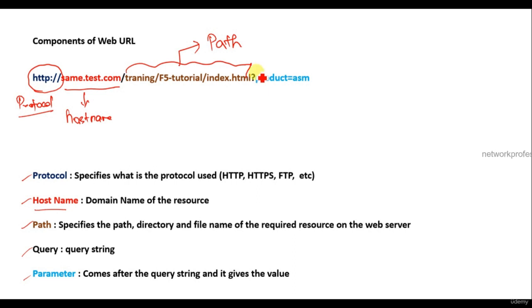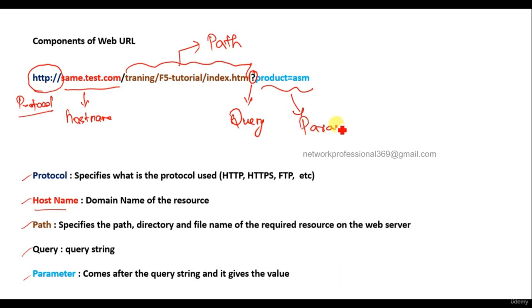The question mark is referred to as the query, and whatever comes after the query is referred to as the parameter. The parameter is generally a value that comes after the question mark. Now let's discuss this in our lab also.